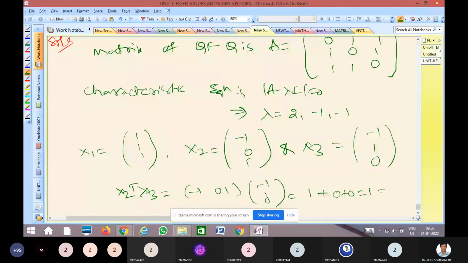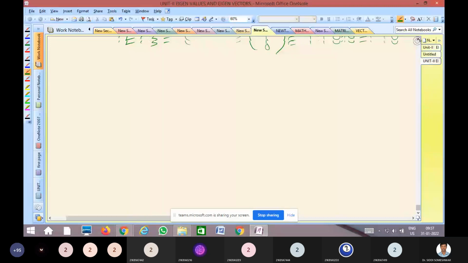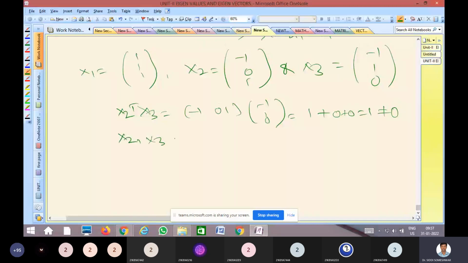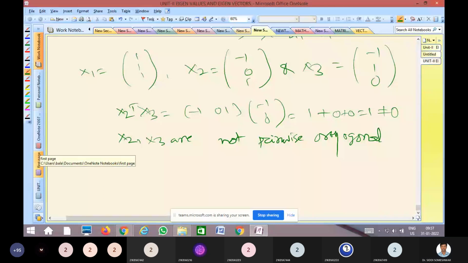So here you can write h2, h3 are not pairwise orthogonal. Now how do we get an orthogonal new vector?